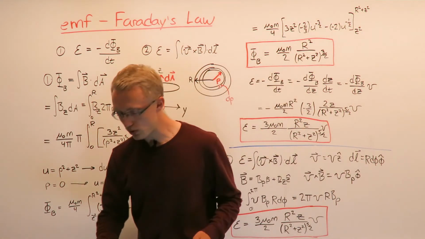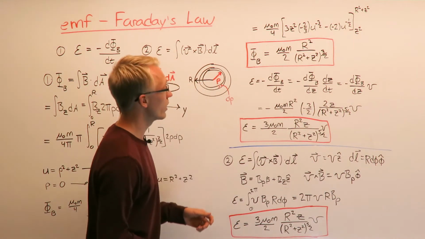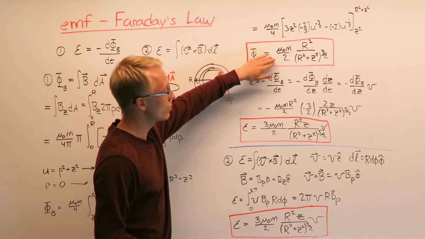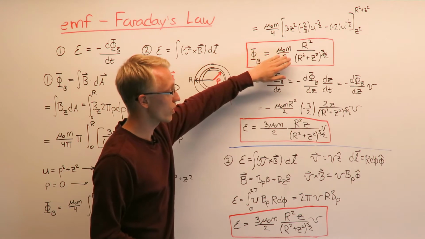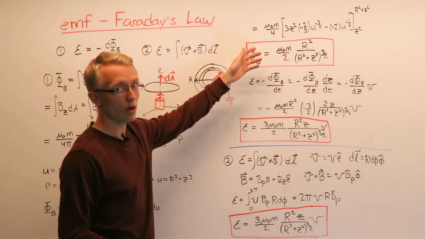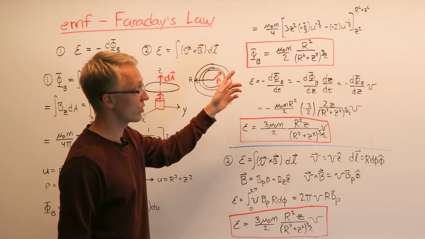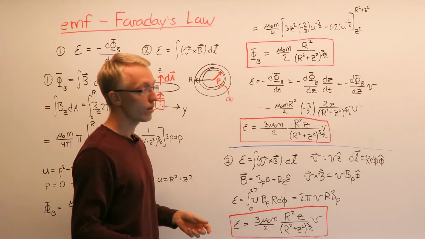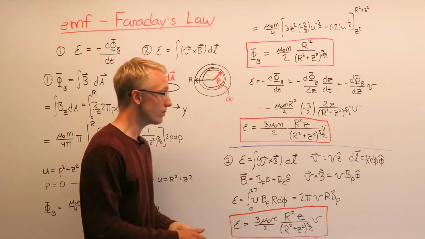After integrating and doing a little bit of algebra, we get that the flux is equal to mu naught m over 2 times r squared over (r squared plus z squared) to the 3/2. In this equation, you can also see that when z equals 0, or the ring and the magnet are on the same plane, the flux is maximized.